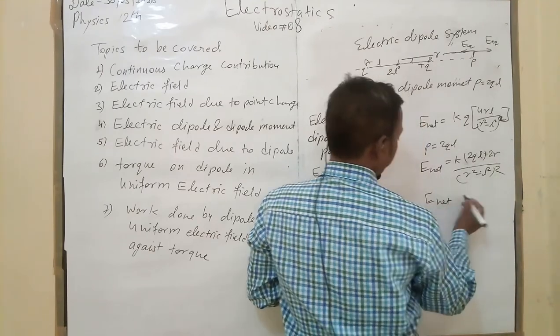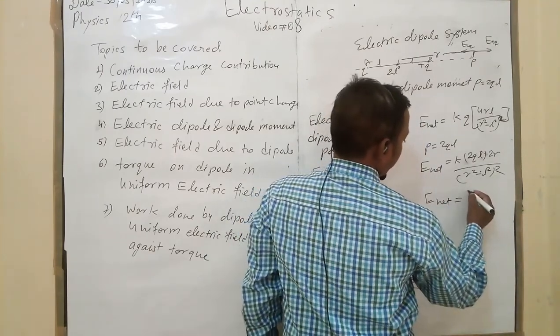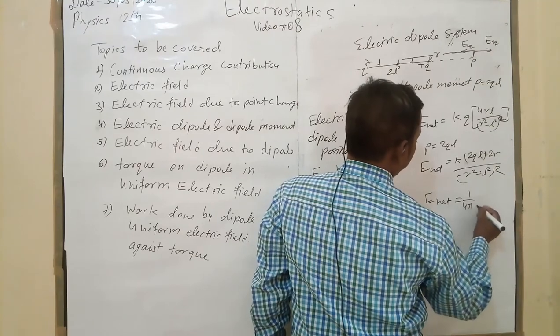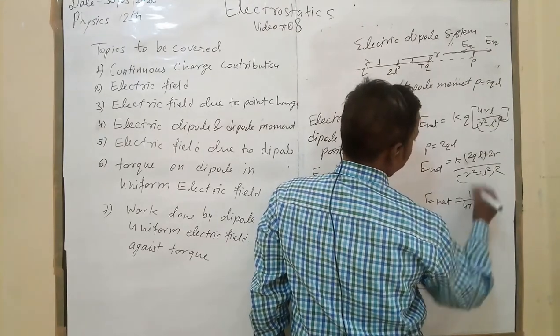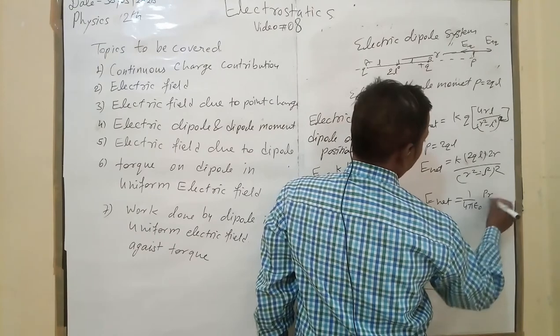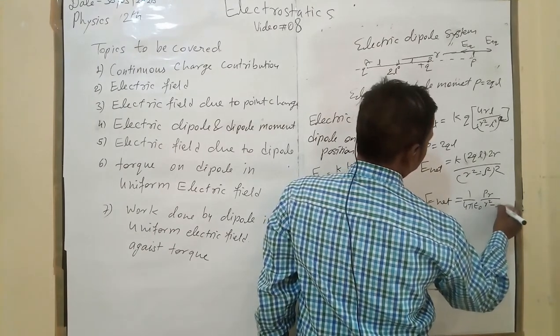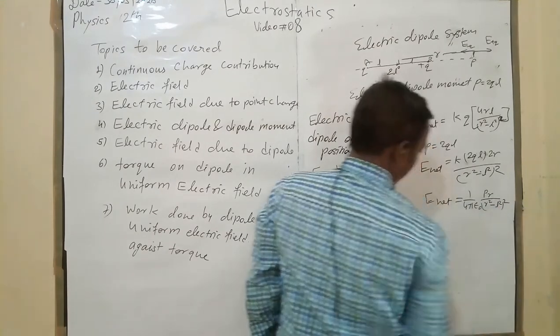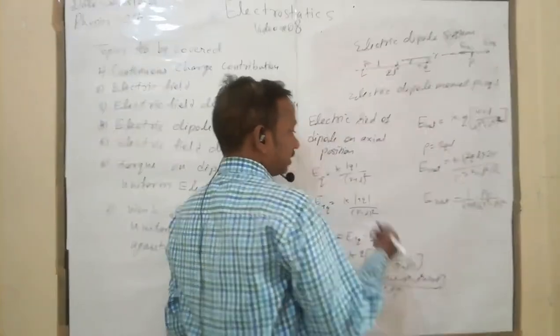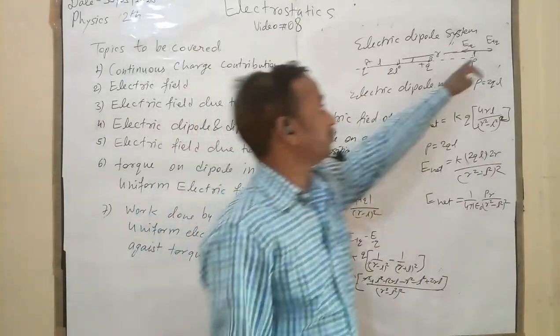So E net equal to 1 upon 4 pi epsilon naught, 2PR upon (R square minus L square) whole square. This is the net electric field at point P.